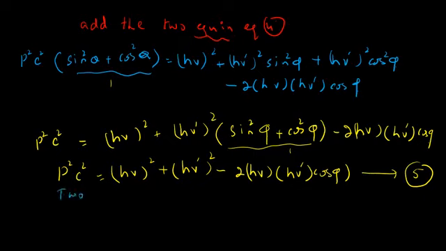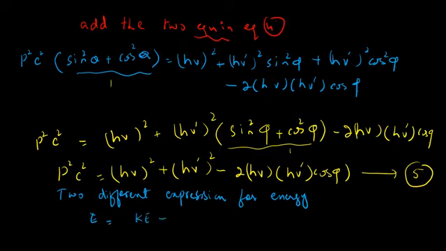The first one is E equals kinetic energy plus m naught c square, and the second one is E square equals m naught square c to the fourth plus p square c square.